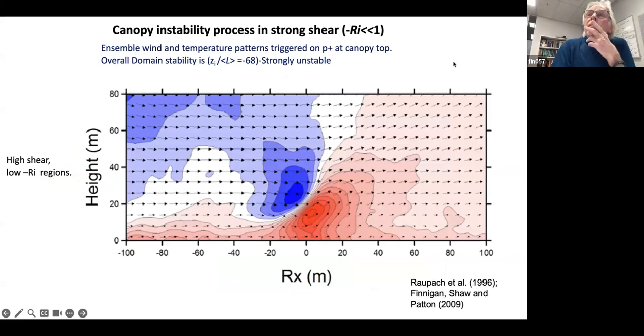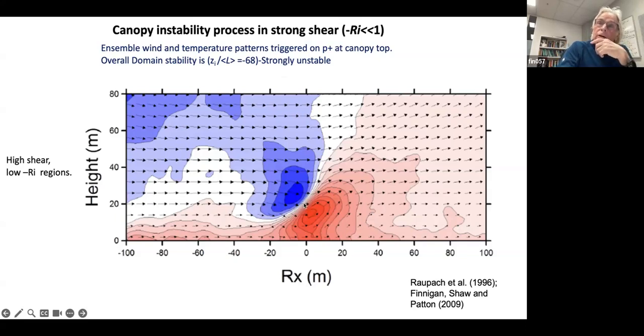In this case, this is slightly different, because now what we've done is take a field from the large eddy simulation when the overall stability of this 5 kilometer by 5 kilometer patch is strongly unstable, Z upon L, the average Obukhov length of the whole 5K by 5K region. But we've pulled out of this times when the local stability in a much smaller region is low.